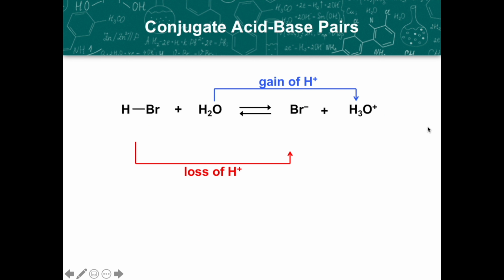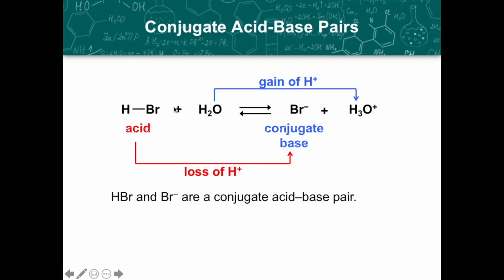So another example here would be the reaction between hydrobromic acid and water, forming bromide ion and hydronium ion. When hydrobromic acid is dissolved in water, HBr loses a proton to form its conjugate base, bromide ion, and the base water gains a proton to form the hydronium ion.